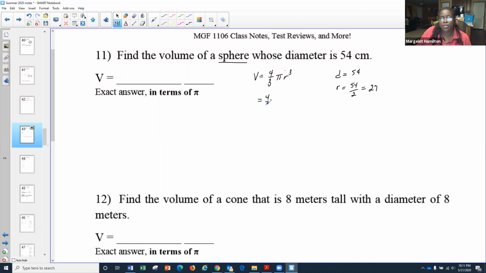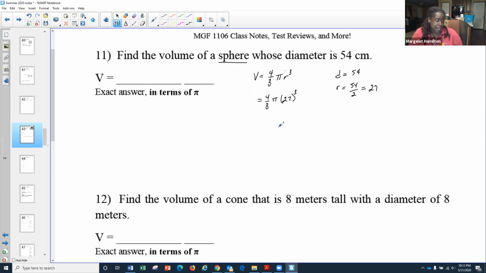Here we are plugging it in. So 4/3 pi. Here's the plug-in of our radius, 27 raised to the 3rd power. Now, in your calculator, you have a hat button, which is called raised to. So you're going to put that in with your 27. Now, feel free to go old school with it if you want. 27 times 27 times 27. That's fine.